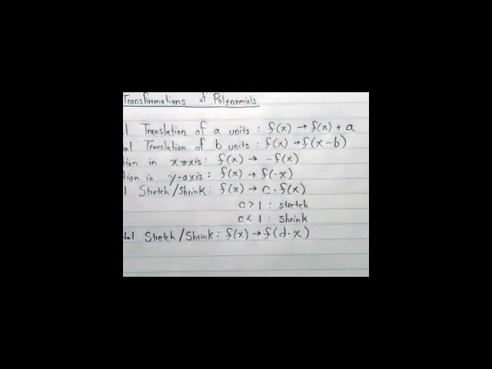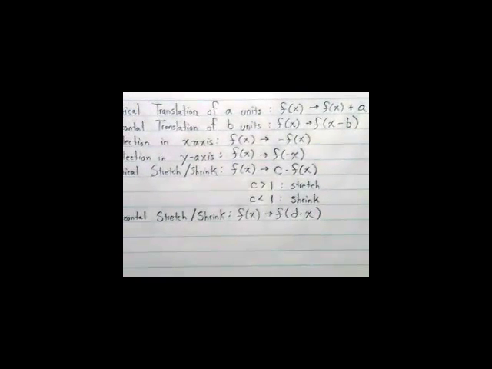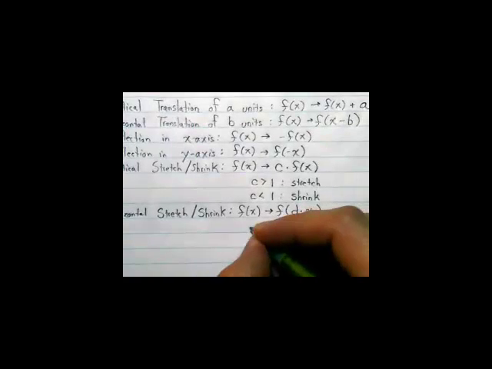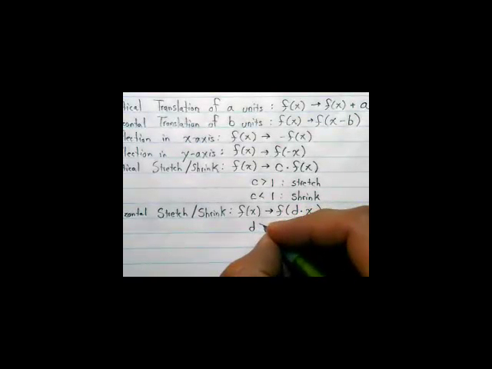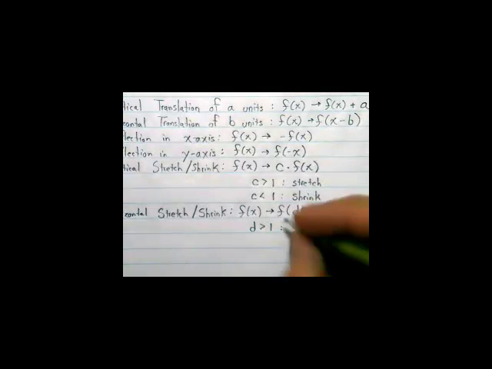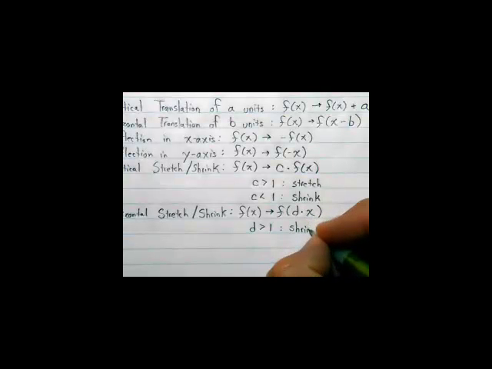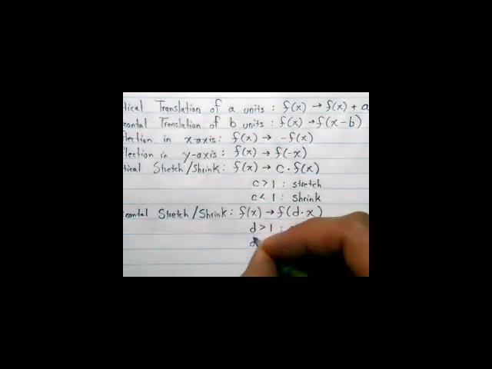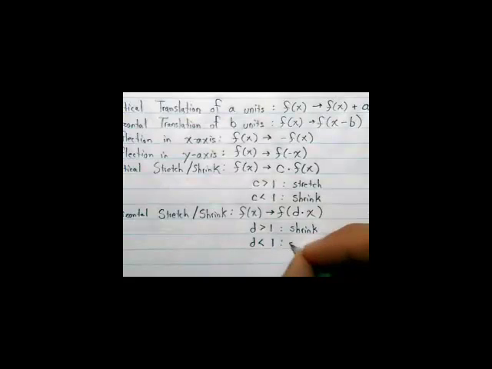You multiply each x by something. Okay? And it's going to be the opposite again. So if d is greater than 1, is it a stretch or shrink then? That makes a shrink this time. And therefore, if d is less than 1, that's the stretch.